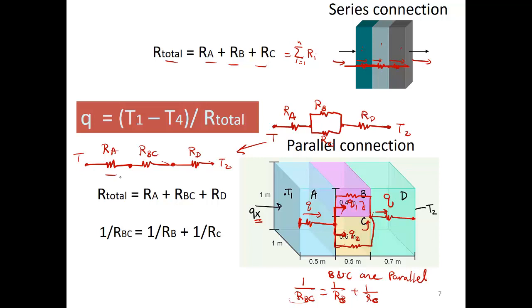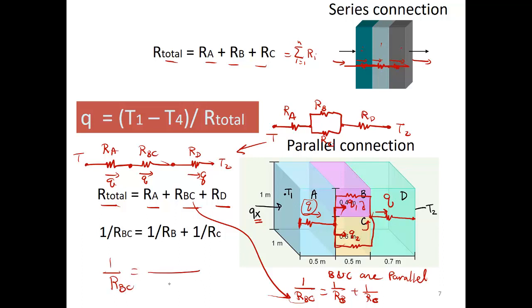So now if you look, that's Q, that was going here. And then when it's split, it's still Q, because now we combine those two together, and then here Q. So now those three are in series, so our total is RA plus RBC plus RD, where RBC we can find from here. The easy way is simply just keep it like this.